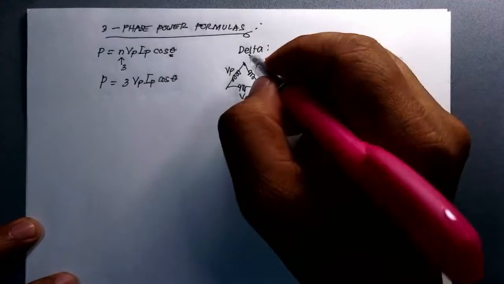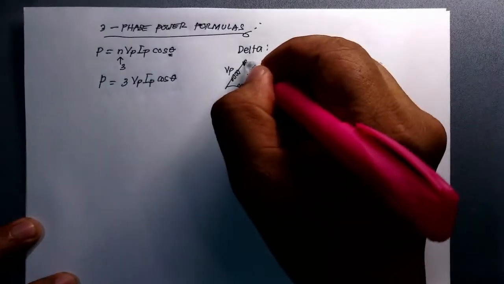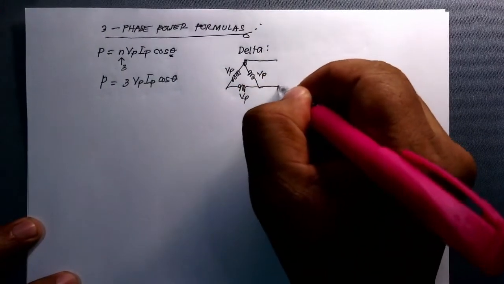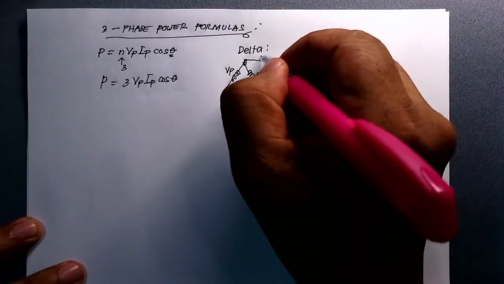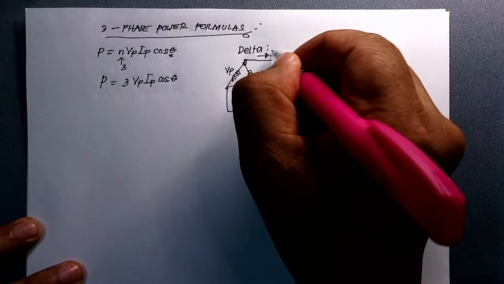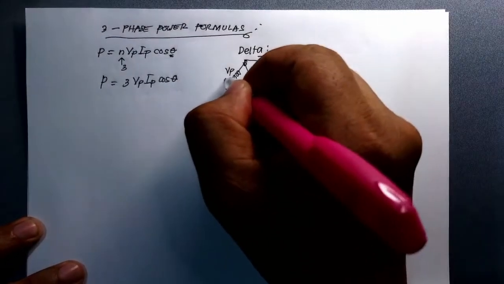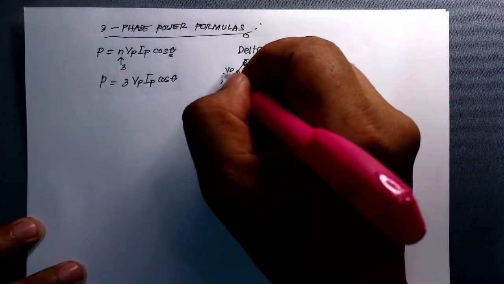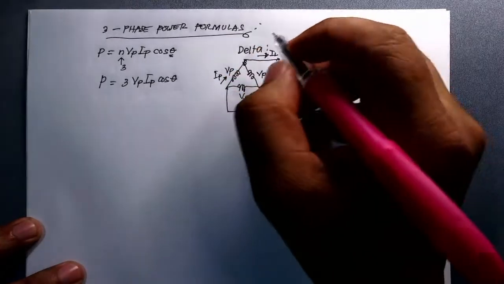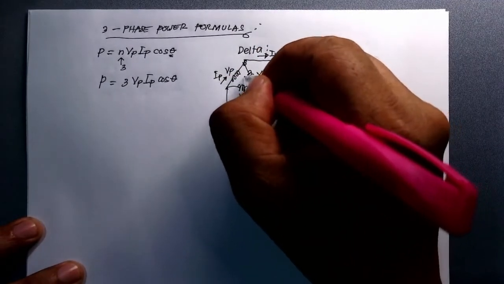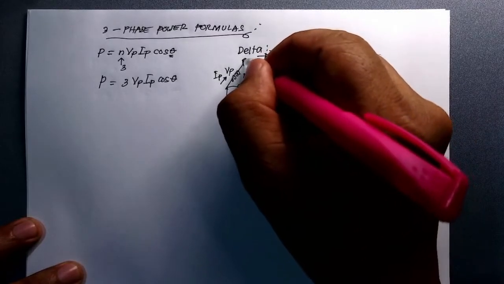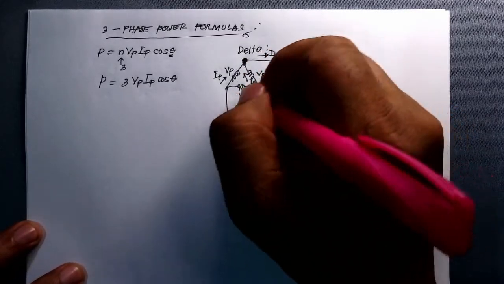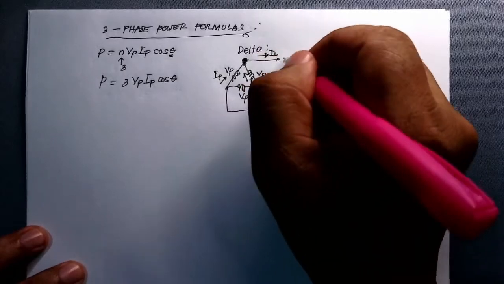That is another topic. These are the terminals, and this will be your I sub L, and the current flowing through the phase is your phase current, I sub P. You have also here I sub P. You'll notice that they converge here, and the I sub P are added, and it gives you I sub L.